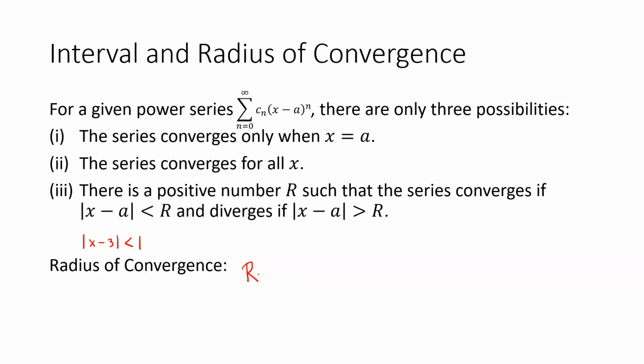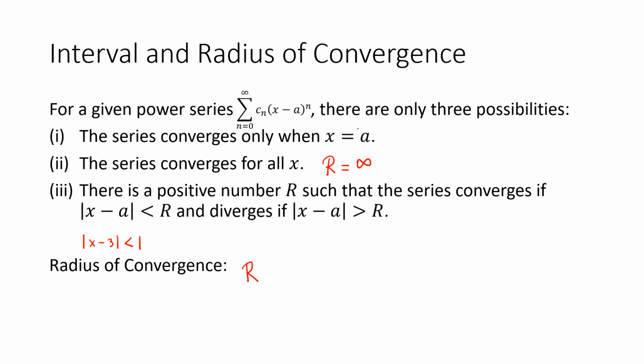Okay, so in a way it tells us the width of the interval on which our series is convergent. Notice that by convention we'll say that if the series converges for all x, then the radius of convergence will be infinity.